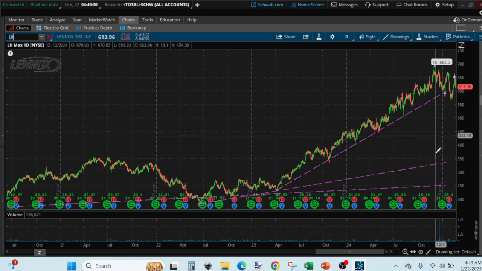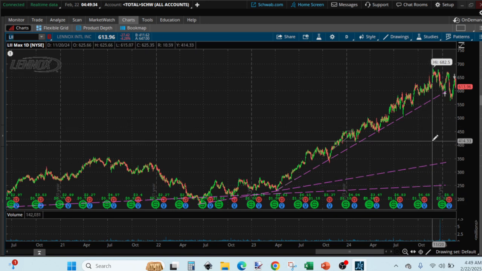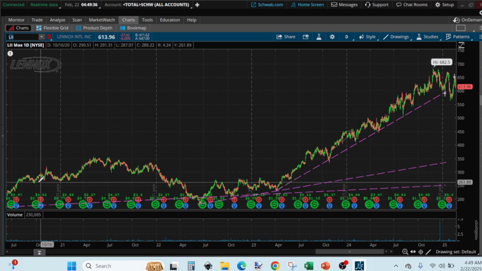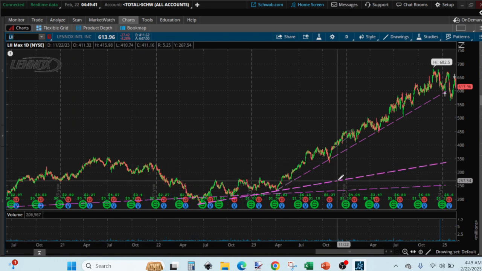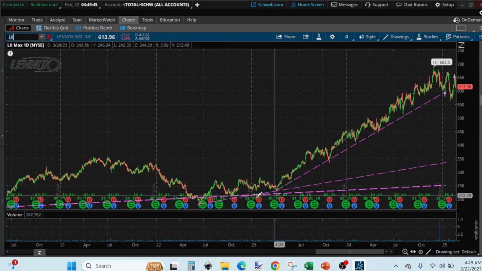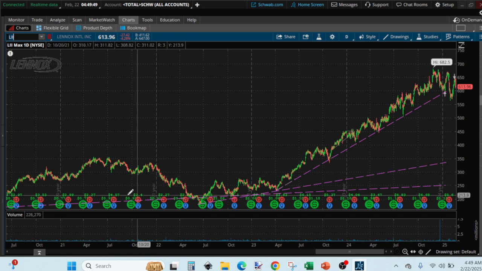So we have three trend lines that we can buy at, and it does make a wide mountain before it'll touch base with this trend line and then climb up here. That's the way it did it previously.